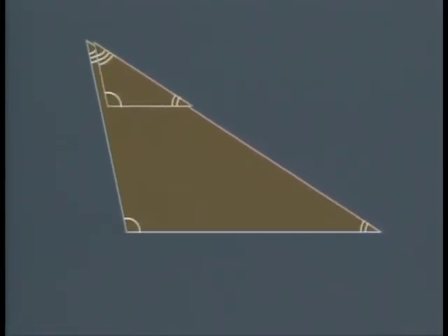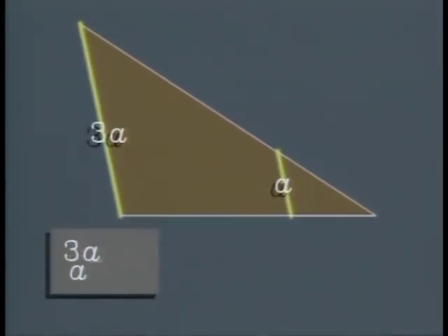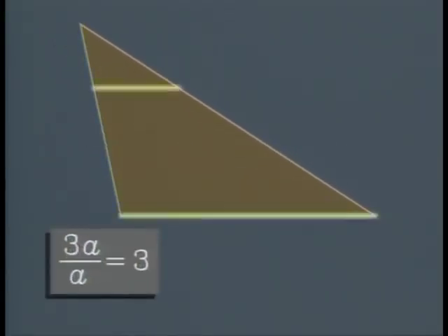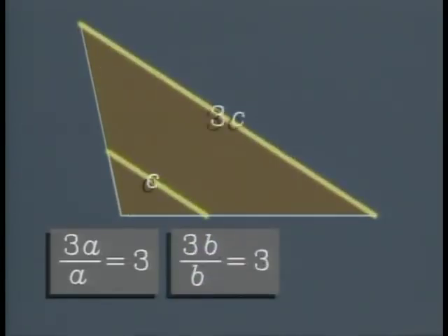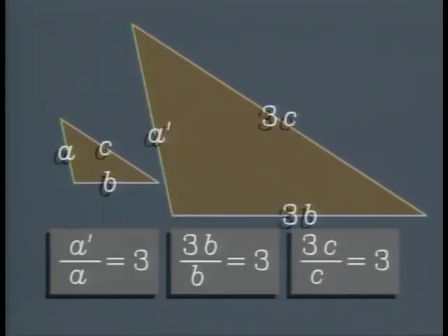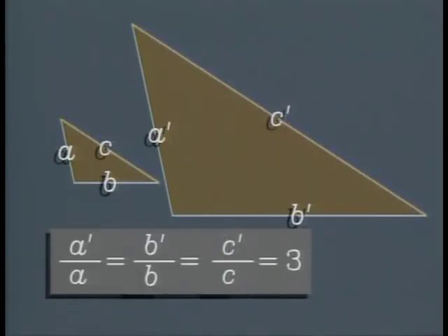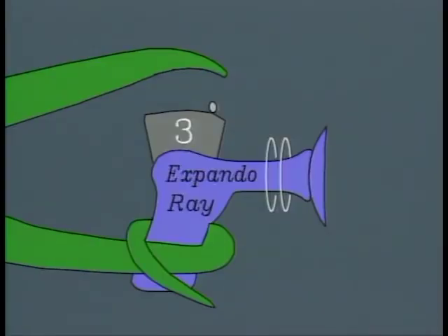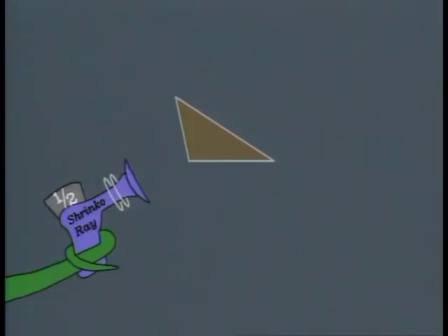Again, the angles don't change, and the lengths of corresponding sides have the same ratio. The same is true if we shrink the lengths to any smaller size, for example, 1/2.